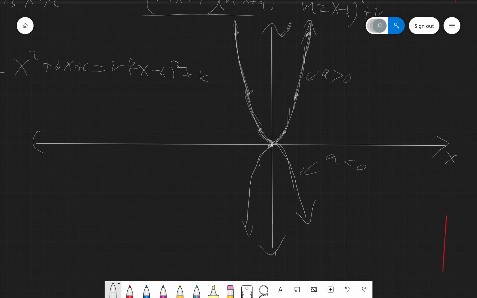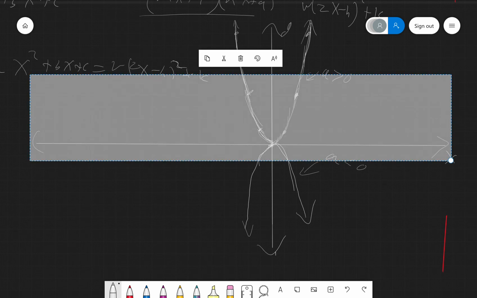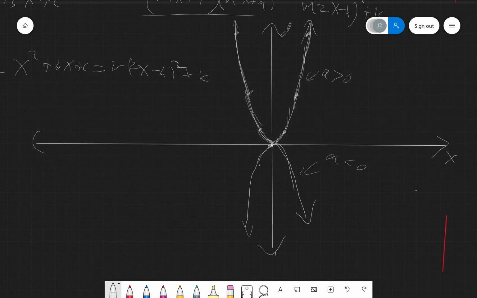Now, the characteristics of this: if they cross at these points, that means that y is 0. So these are the roots. Usually they're not all the same.